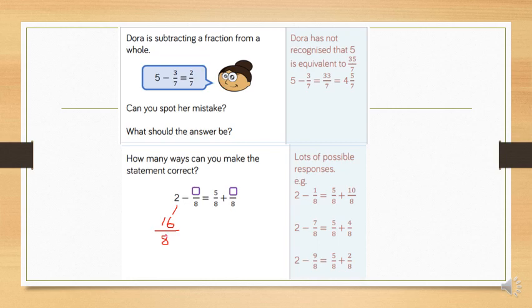So this one here was 16/8 take away 1, which gives me 15/8. So I'm trying to make 15/8. What do I add to 5 to make 15? I add 10. So that was one possible answer. You may have come up with different ones. So well done. Hopefully you are now feeling a lot more confident with subtracting amounts from whole numbers.